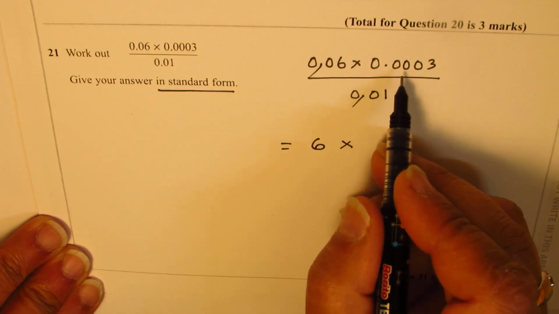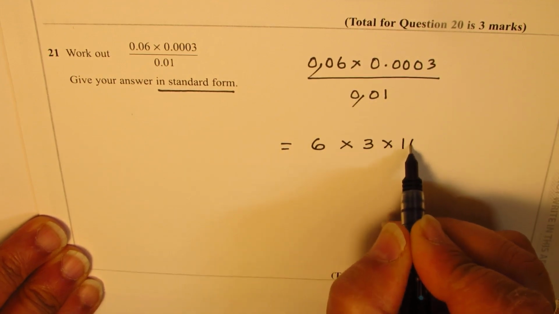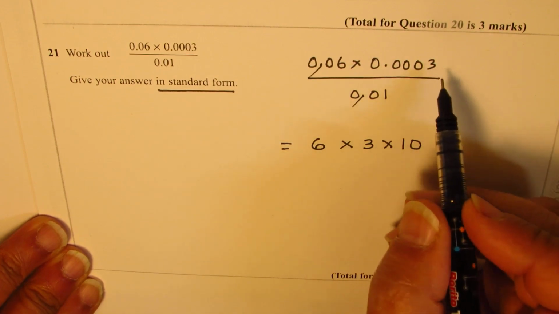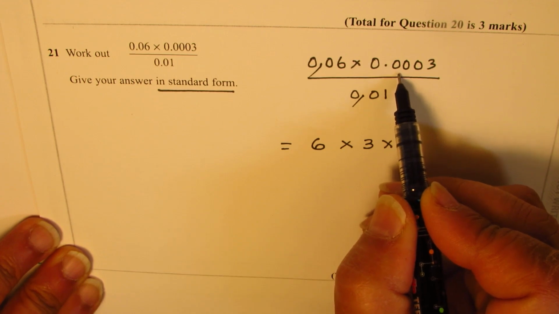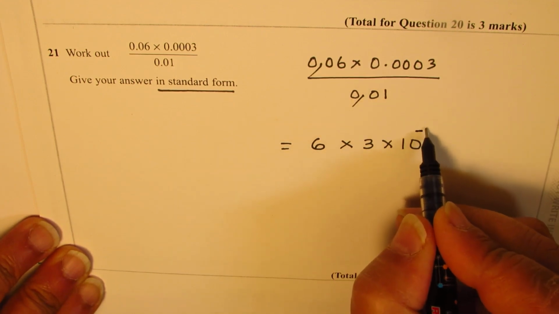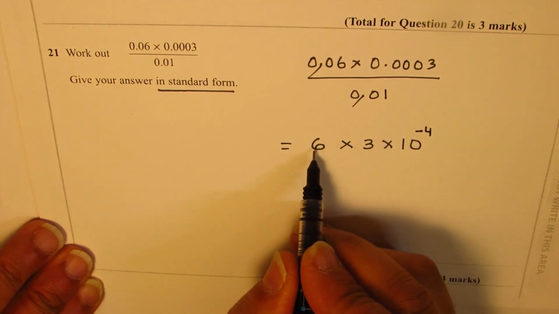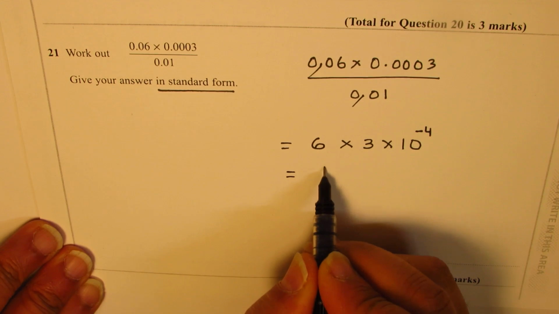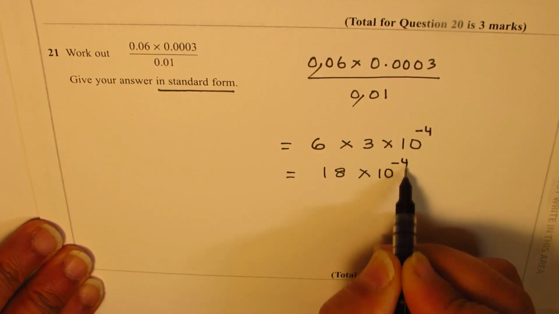Times, we have 3 times 10 to the power of... if I have to write this as 3, I will count 1, 2, 3, 4, right? So 10 to the power of minus 4. Is that clear to you? So 6 times 3 is 18 times 10 to the power of minus 4.